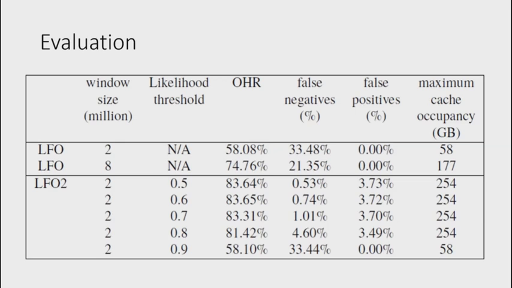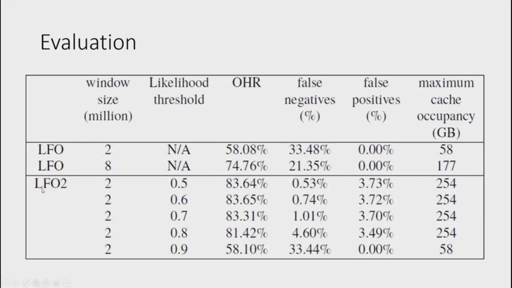And because of the false negatives, the model is more likely to reject objects from being admitted. Since fewer objects are being admitted, the cache occupancy is lower.